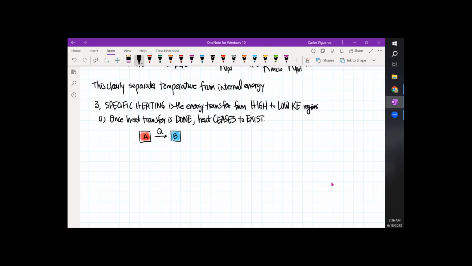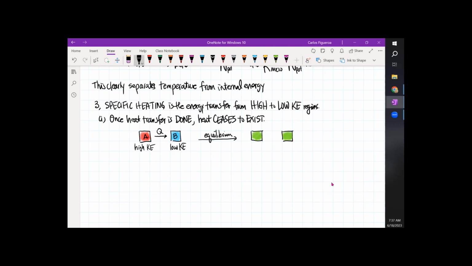So this guy has high kinetic energy. This one has low kinetic energy. So when I reach equilibrium, what do I mean by equilibrium? What I mean here is that when I look at my boxes, what I'm seeing here is that now they have the same kinetic energies.